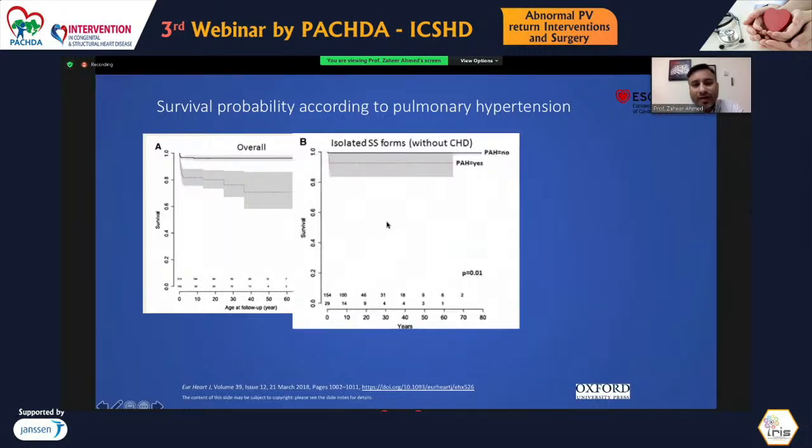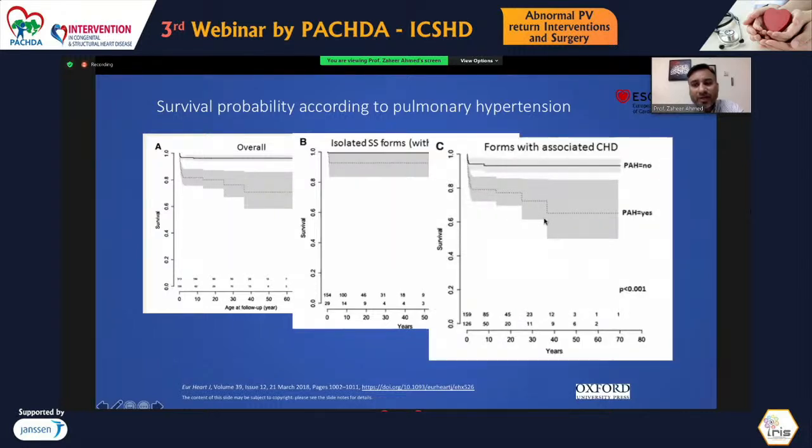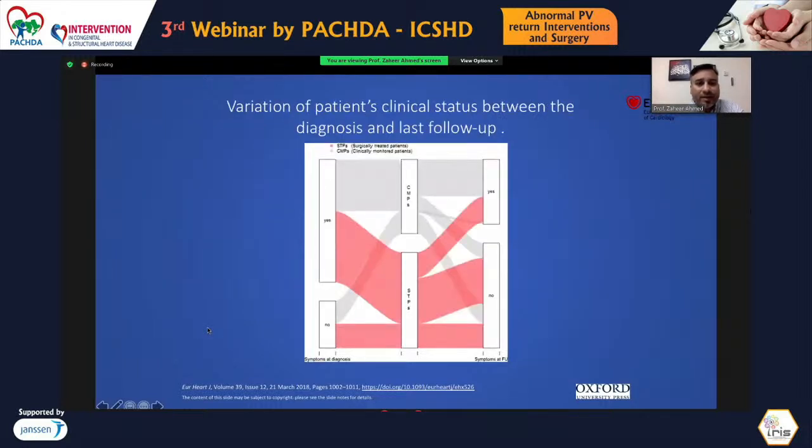In an isolated form, it may not be that significant, but in patients with associated defects, it is a very significant risk factor. Then they also compared clinically monitored and surgically treated patients, and their conclusion was that patients who were just clinically monitored in the long term had relatively poorer prognosis compared to surgically treated patients.